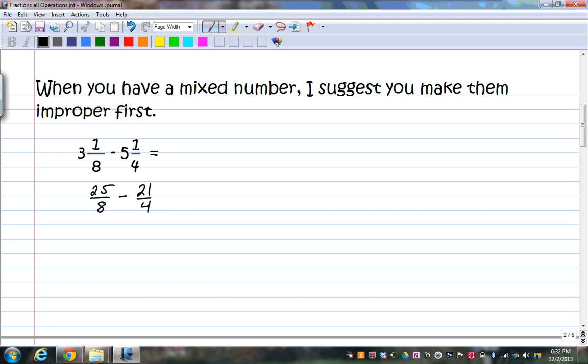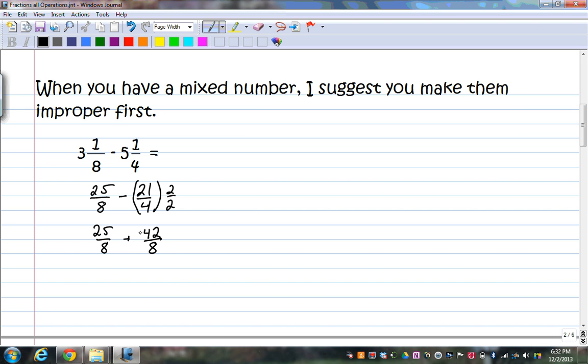And then I need a common denominator. I can use 8, so I'll take this fraction and multiply by 2/2. I have 25/8 minus 42/8. And then you look, you say, but I can't do 25 minus 42. Of course you can.